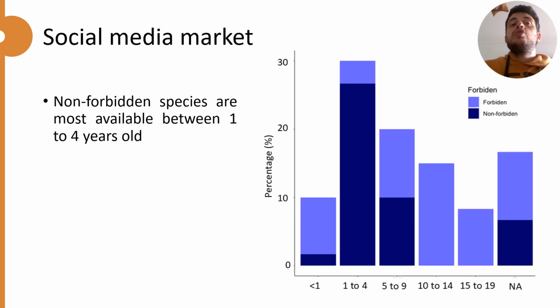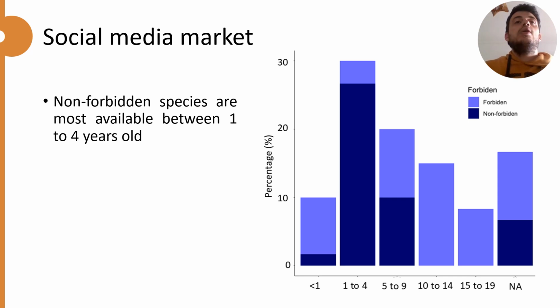After that, we looked at the social media data and we saw that we had available turtles from less than a year to almost 20 years. Forbidden species were present in all age classes, and most turtles available were between 1 and 4 years.